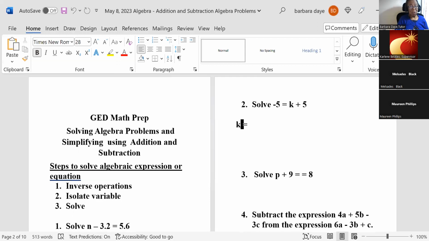Subtract. Yeah. So what's the answer? 0. Can't be 0, Maureen. No, k equals what, Mercedes? k equals 0. Is it wrong, sir? Yes. What? 10. Nope.